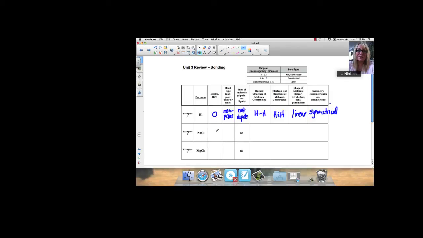NaCl, the electronegativity difference is going to be: Na is 0.9 and Cl is 3.2.